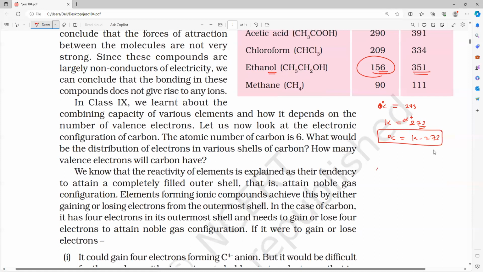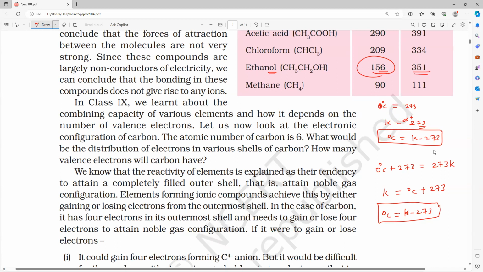For example, if I take 0 degree Celsius and add 273, it equals 273 Kelvin. So the Kelvin scale is equal to degree Celsius plus 273, and degree Celsius is equal to the Kelvin scale minus 273. All of you need to know these conversions.